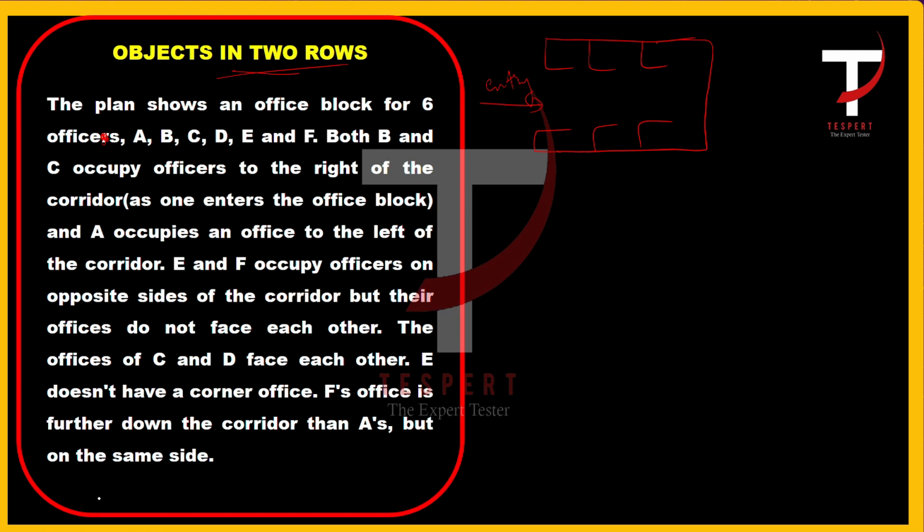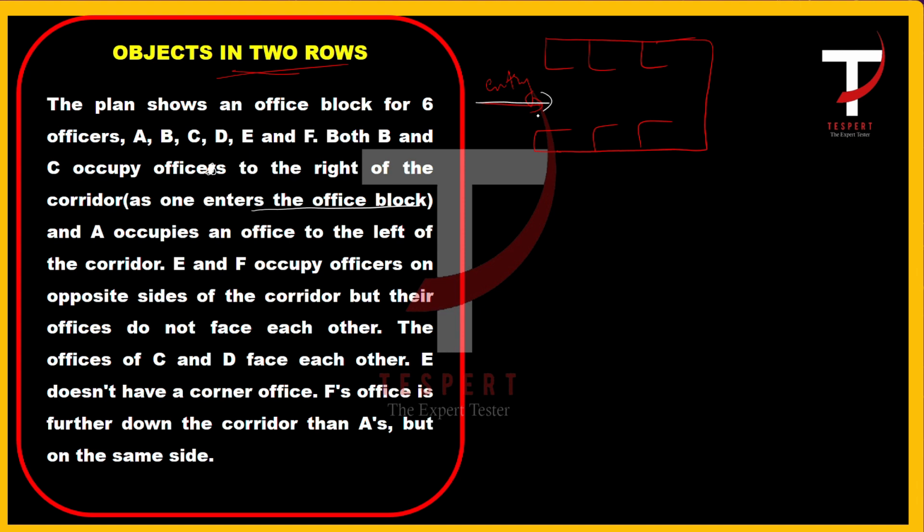Both B and C occupy offices to the right of the corridor as one enters the office block.